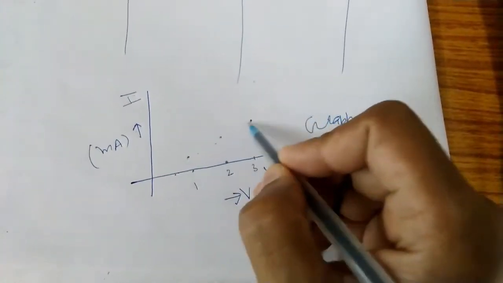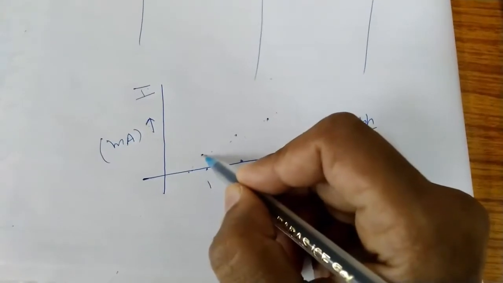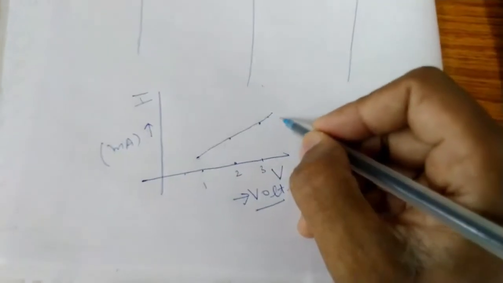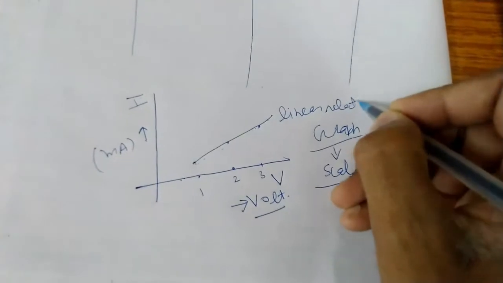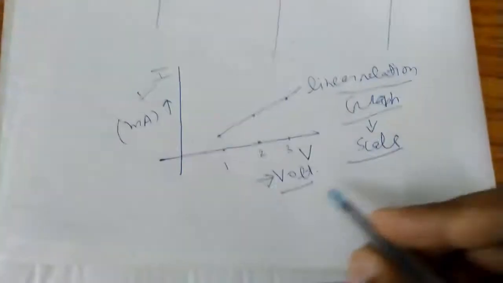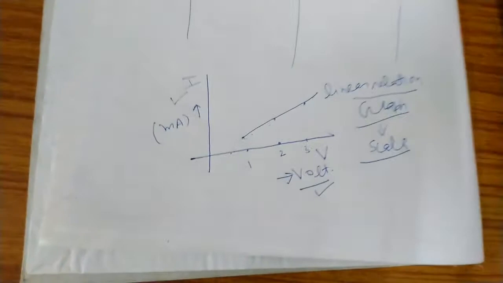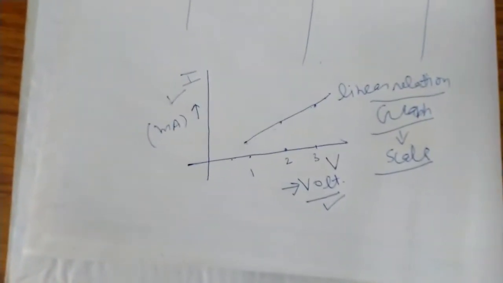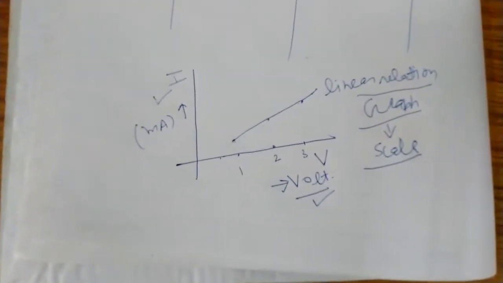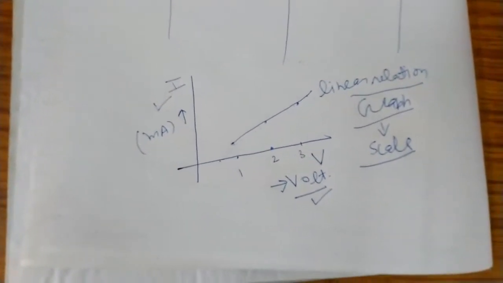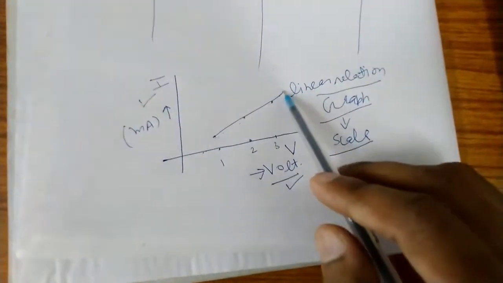When we have this type of points, we will draw a line like this that shows the linear relation between the current and voltage. That's why in unit 2 we say that V to I converter and I to V converter are the linear application of operational amplifier. And remember one thing, this is the ideal case.